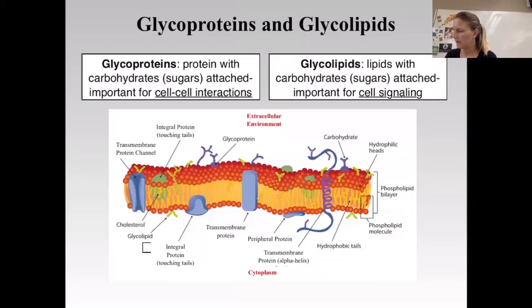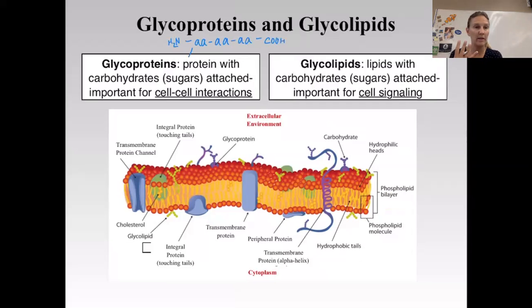All right, so the other thing that is in the plasma membrane is glycoproteins. These are proteins. So again, proteins are amino acids held together by peptide bonds. They have an amino end and a carboxyl end.